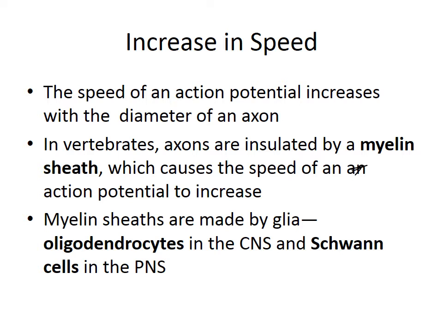So myelin sheaths are made by glia. They're actually called oligodendrocytes if the neuron is in the central nervous system, and Schwann cells if the neuron is in the peripheral nervous system.